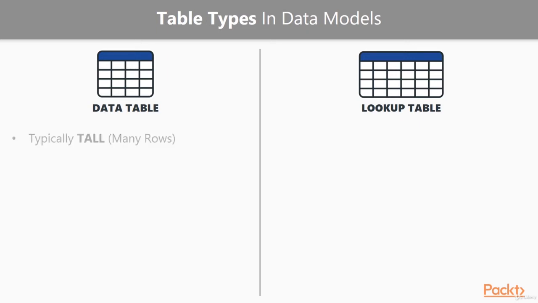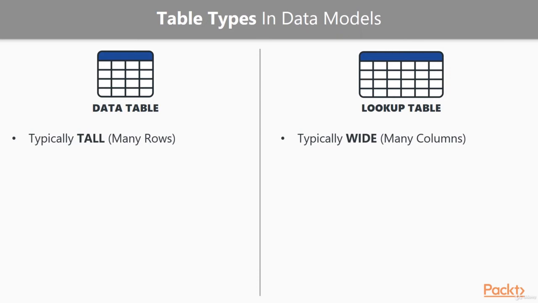Data tables are typically tall, meaning they have many rows. This is often because they're collecting transactions, records, or events. On the other side, our lookup table is usually a distinct list of items, so it won't have that many rows. It will, however, have many columns of various descriptions or attributes for each item, so these tables are often wide.